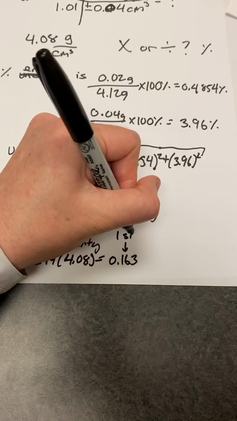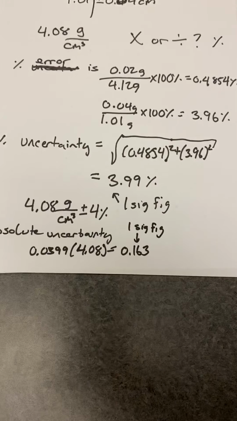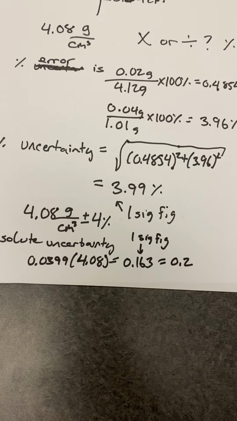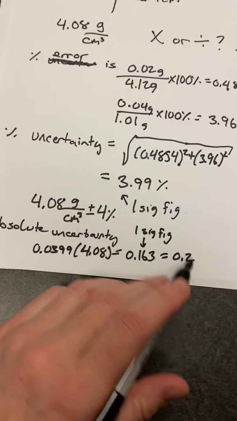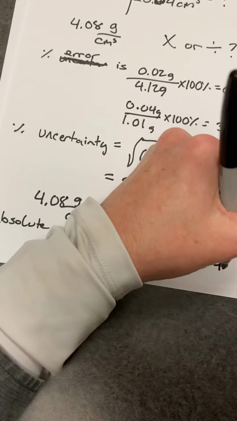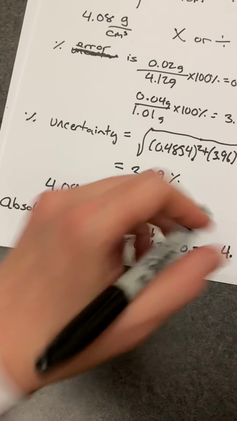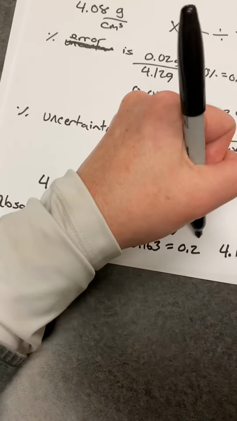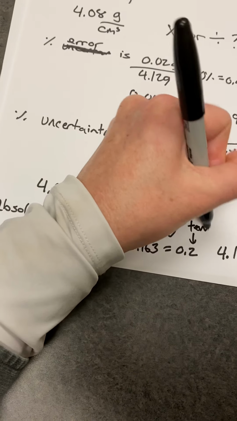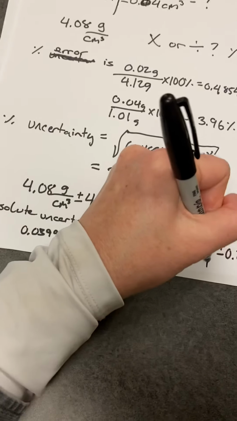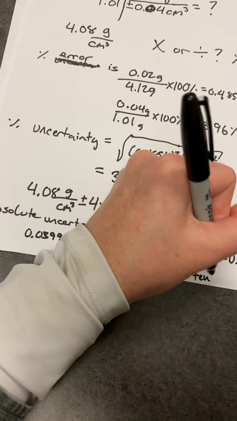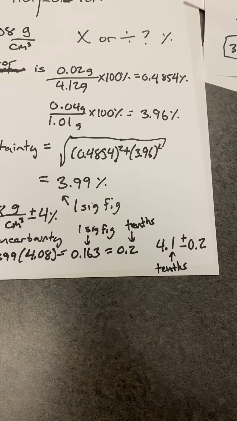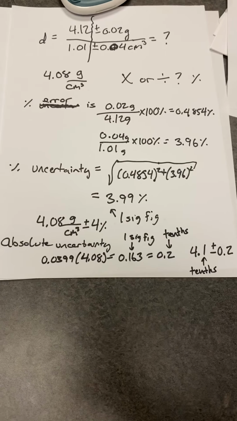I'd want to round it to 1 sig fig. And that'd be 0.2. So in expressing my absolute uncertainty, my answer would be 4.1 plus or minus 0.2. Again, because this is to the tenths place, I round this answer to the tenths place as well. And that is how you calculate uncertainty.